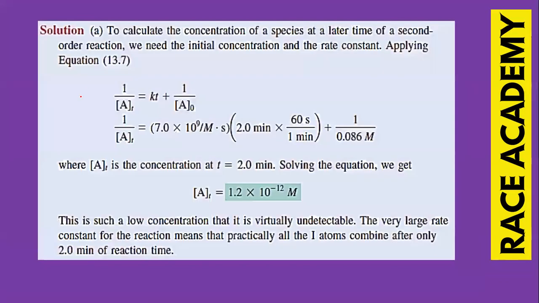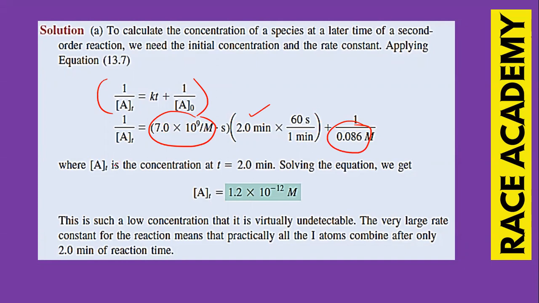Let us see. This is the actual expression for second order: 1 by AT is equal to KT plus 1 by A naught. That A naught value is given as 0.086 in the problem, and the K value is given as 7 times 10 to the power of 9. Time is given as 2 minutes, converted into seconds.